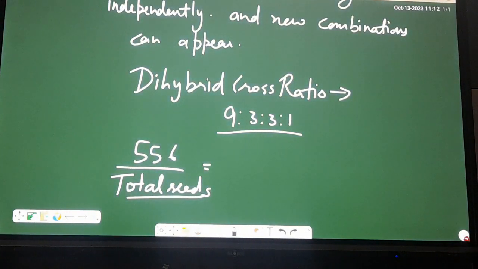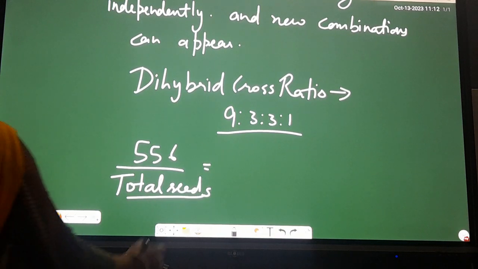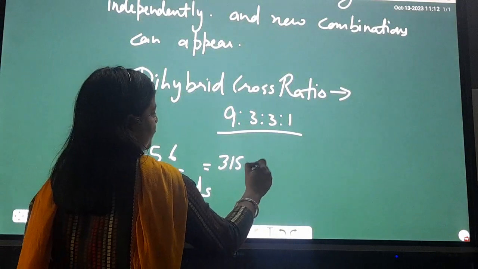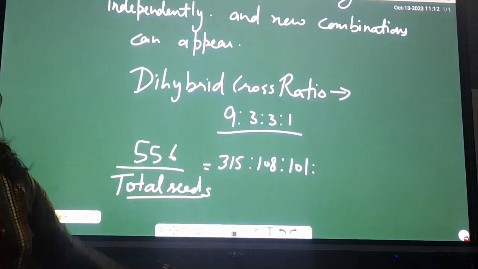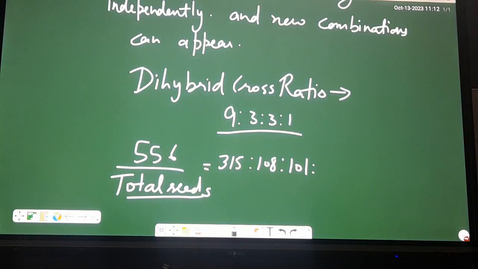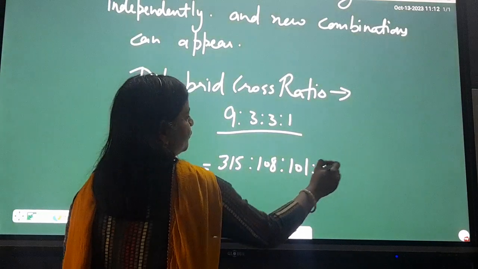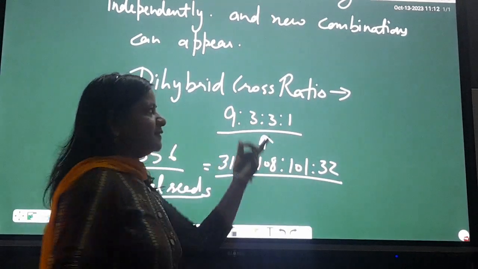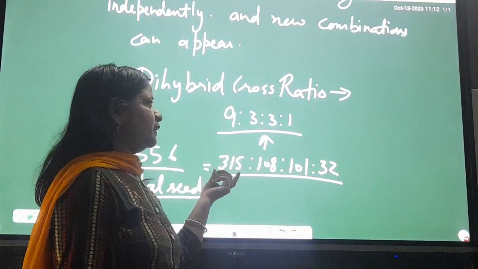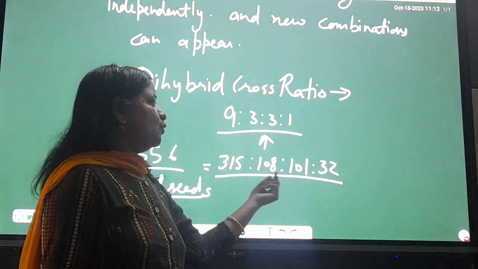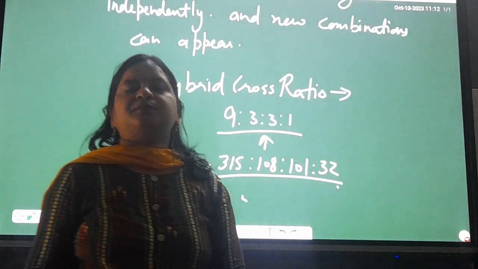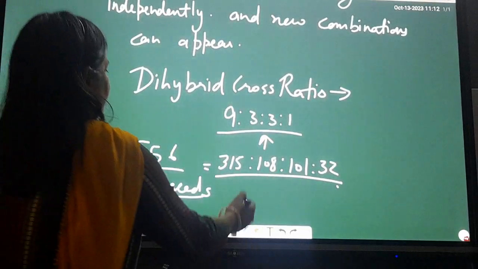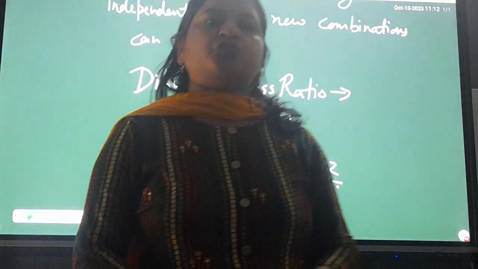Out of these, 315, 108, 101 and 32 showed the ratio. From here he interpreted the ratio 9:3:3:1, since 315 is approximately 9 times 32, and 108 and 101 are approximately nearby each other, and 32 explains the one.